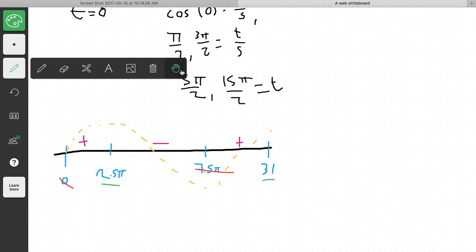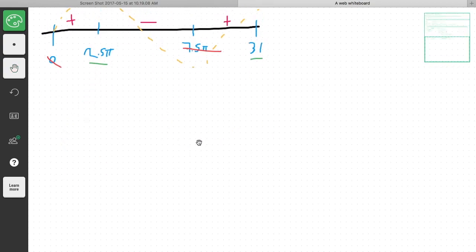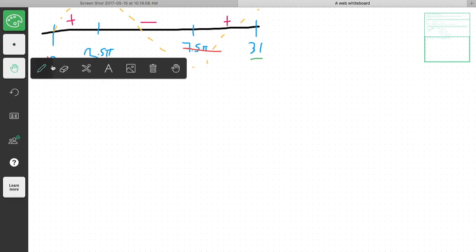So now we need to find how many mosquitoes. To test absolute maxes and mins, we test those in our A of t formula.